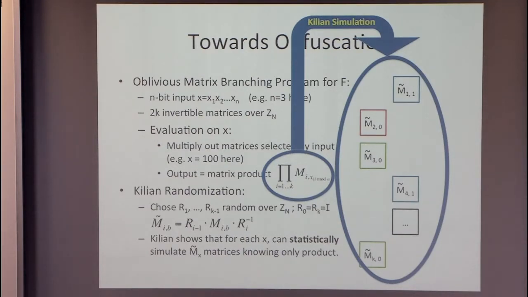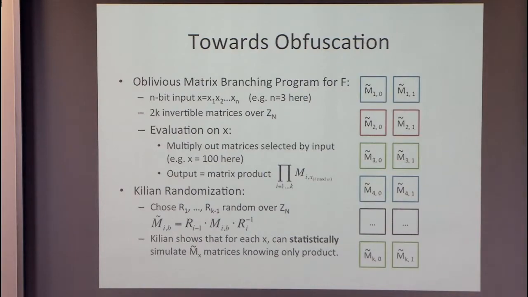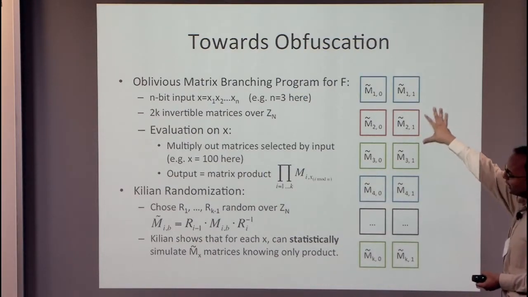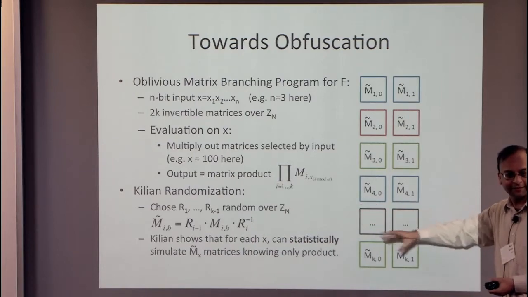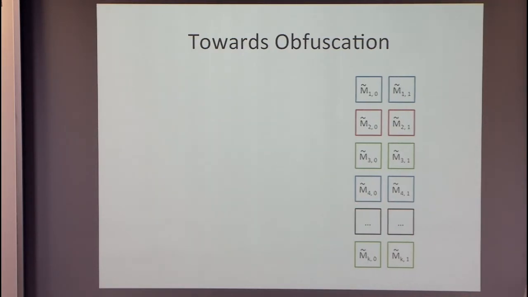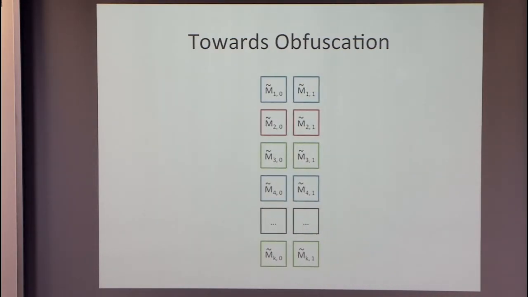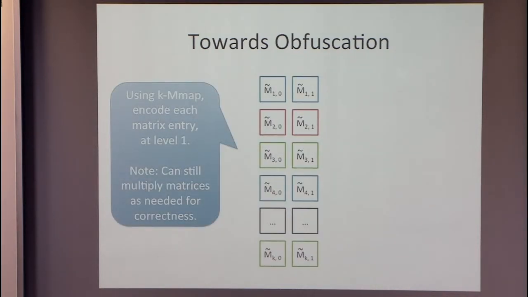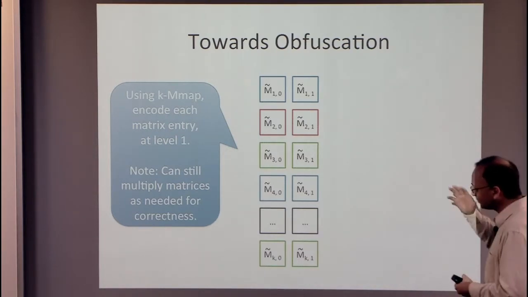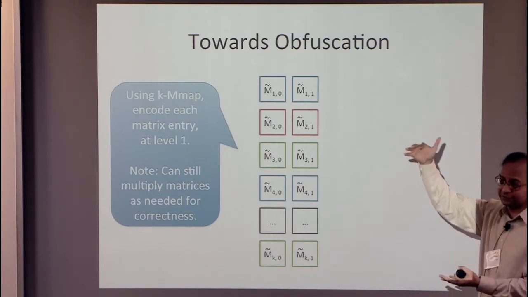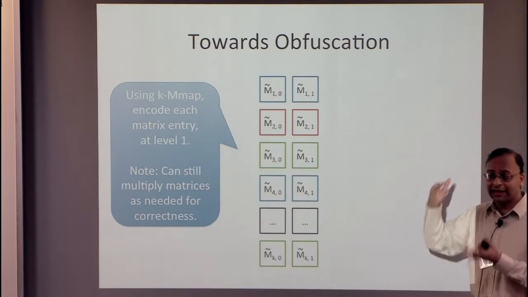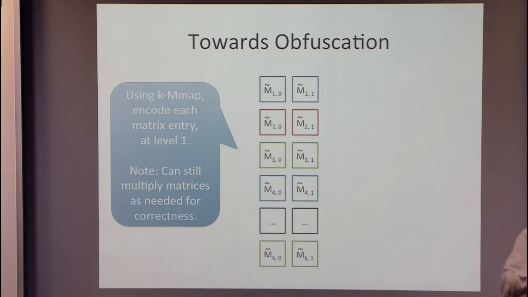Okay? All right. So we've now taken our matrices and randomized them in this way. That's sort of step one. Now what are we going to do? We're going to take these matrices and encode them using our multilinear map. That's another nice thing. The way that we've set up our multilinear map allows for multilinear operations. And the prototypical multilinear operation is iterated matrix product.